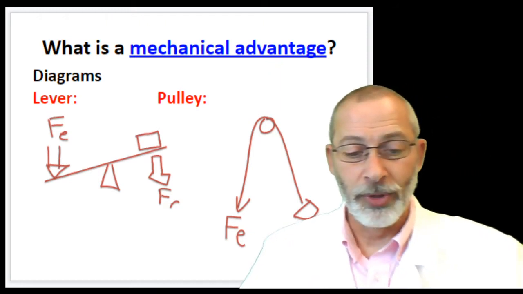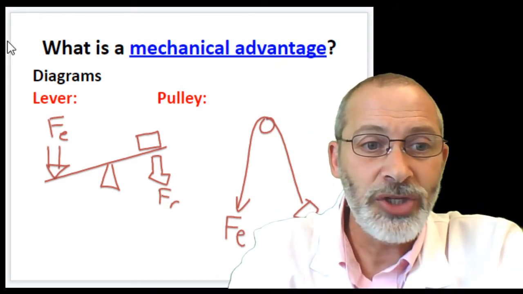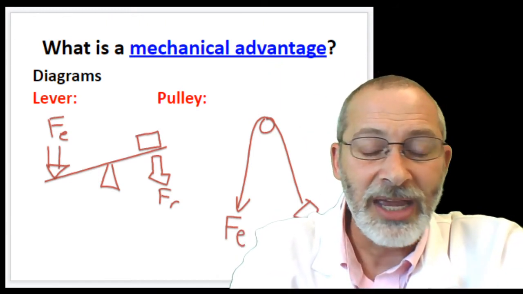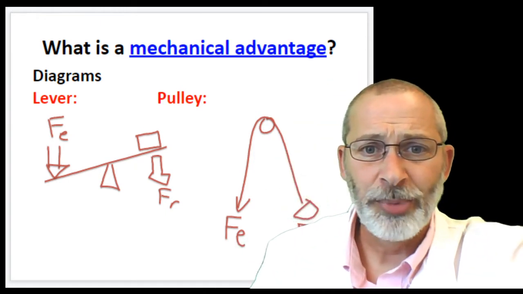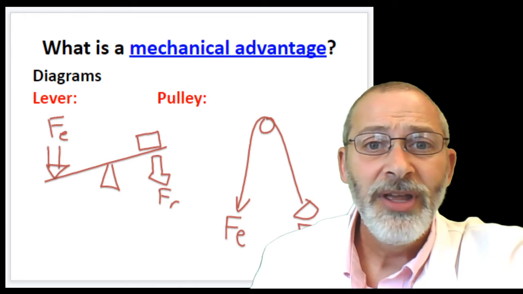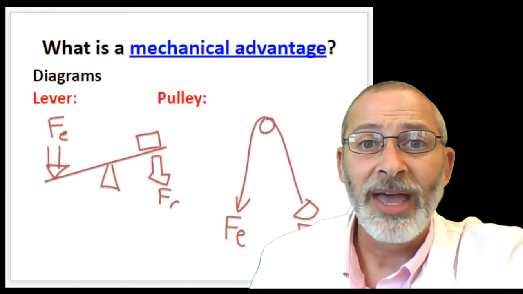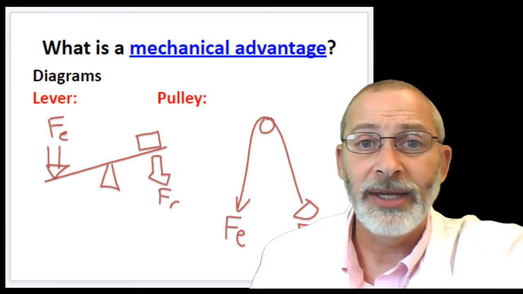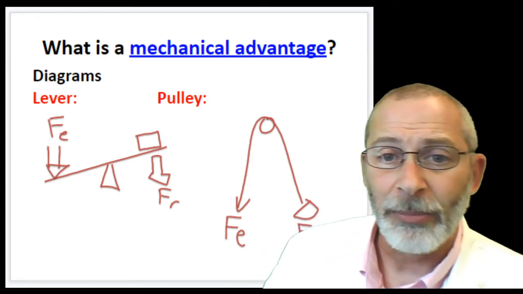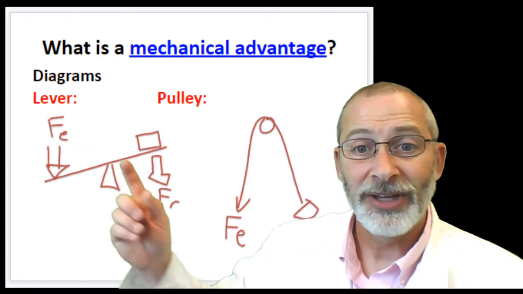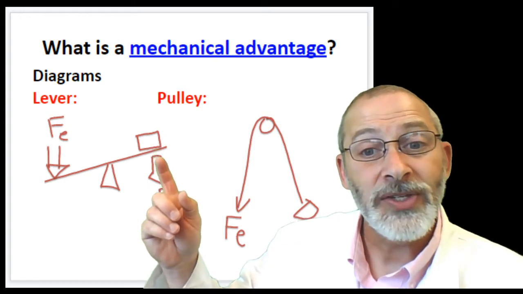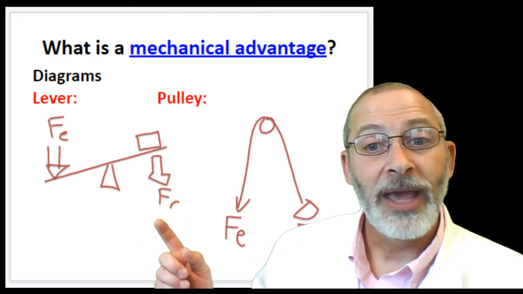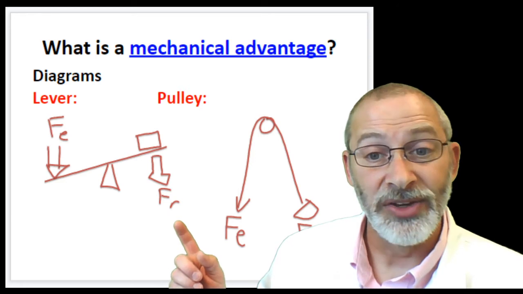So here's a couple pictures to help illustrate mechanical advantage. The first example is of a lever, very similar to the one that I illustrated in the close-up of the lab. Here we have a lever, kind of like a seesaw. The 1 kilogram mass demonstrates the resistant force.